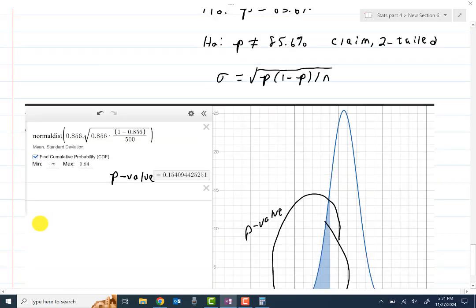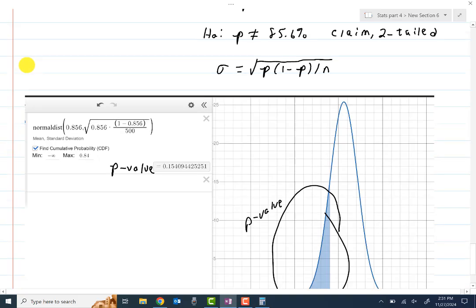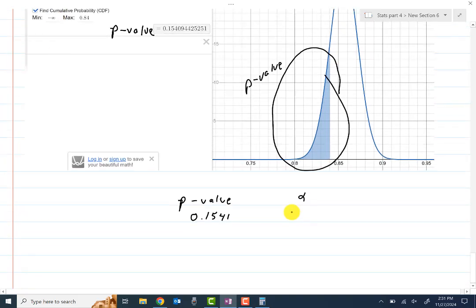And alpha, we had to divide it in 2, I think. Yes, 0.025. And we can see the p-value is larger than alpha, so do not reject H naught.